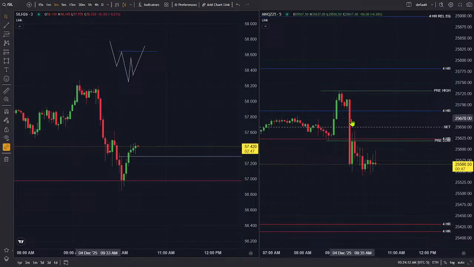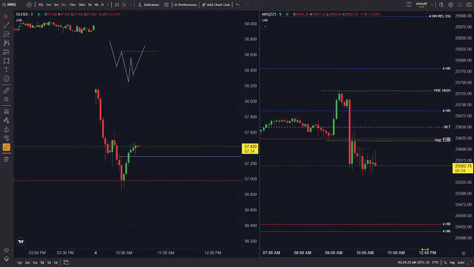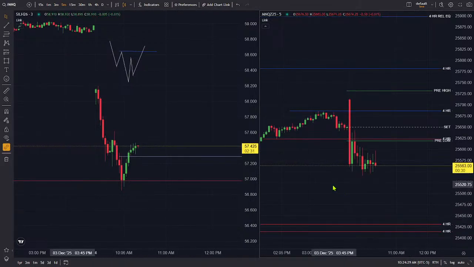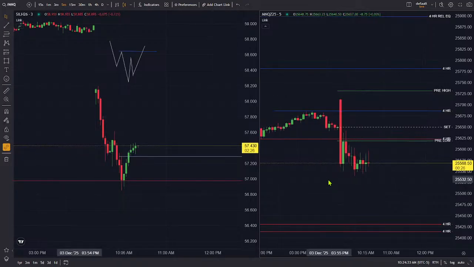From a fair value gap perspective, that 5 minute fair value gap right there would be a good sell point, but we're still within the first 30 minutes at that point. We need to go to regular trading hours only over here. Yeah. So we haven't made it back to the pre-market high, but we did take pre-market low.